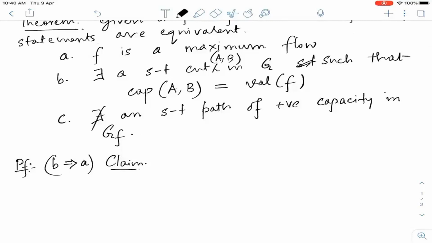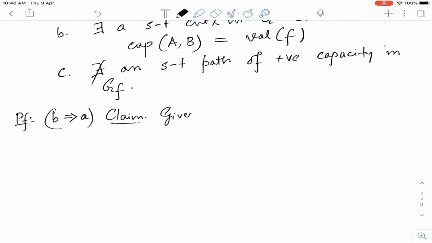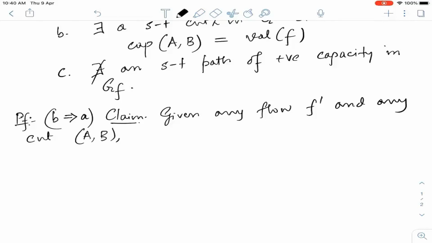So the claim I'm trying to make is the following: given any flow F prime and any cut AB, the capacity of the cut is at least the value of F prime.